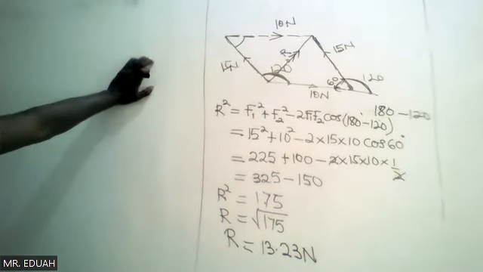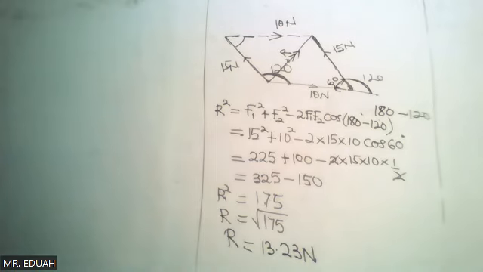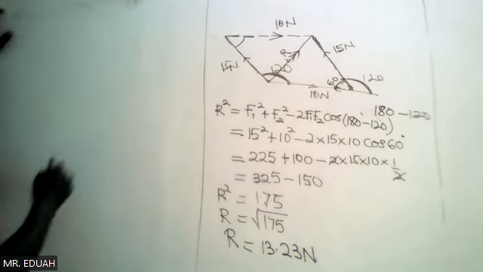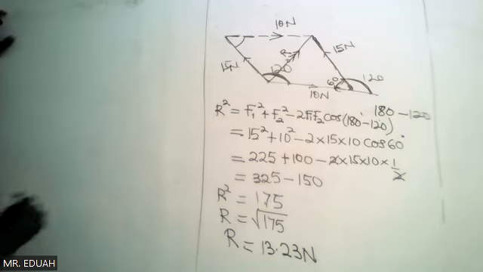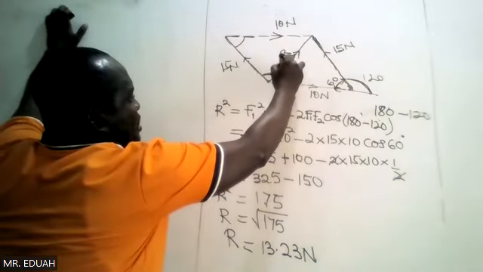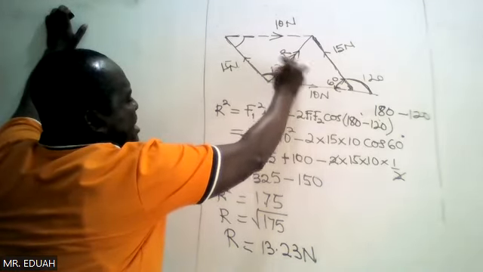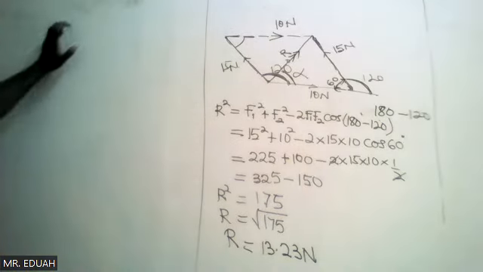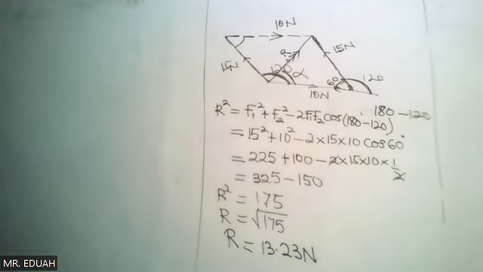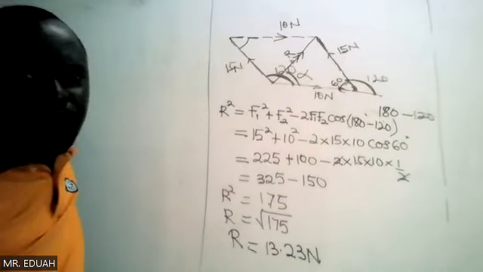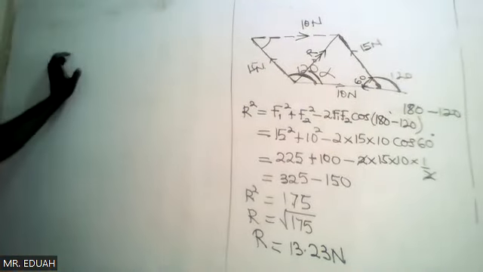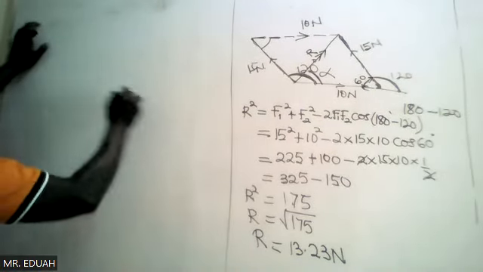Okay. Then the direction of the resultant. The direction of the resultant, this acute, this small angle. Okay, and yesterday we were determining direction of the resultant using sine rule. Okay, sine rule.